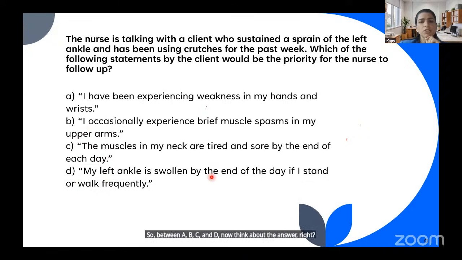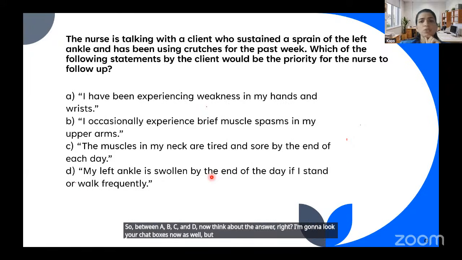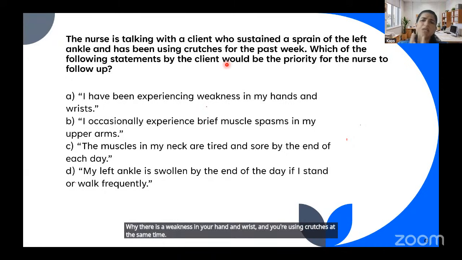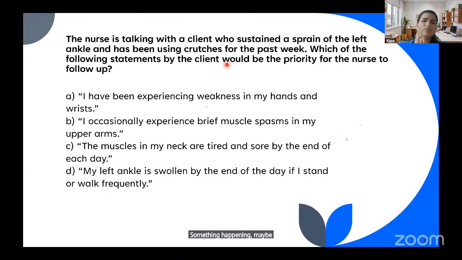I'm going to look at your chat boxes now as well, but I'll show you how I'm going to do it as well. The first thing is, I have been experiencing weakness in my hands and wrist. Hold on. Why is there a weakness in your hand and wrist when you're using crutches at the same time? Something is happening. Maybe a pressure on the nerve, like a radial nerve. I don't know. Hold on.